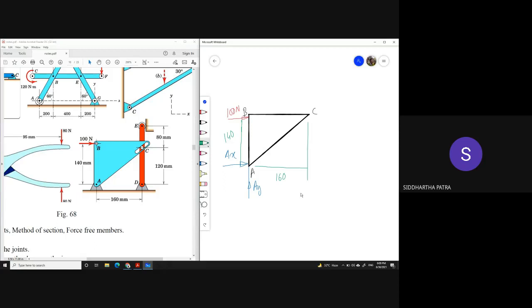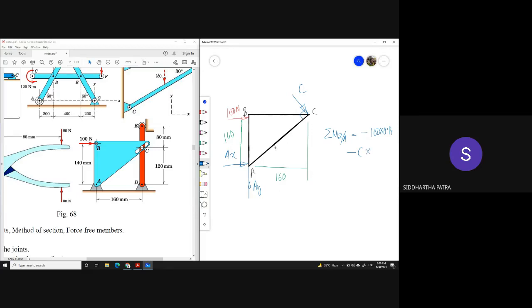Now, can you tell me in which direction does the reaction force of C act? Sir, perpendicular to AC. Perpendicular to AC, right? So this is your force at C. So if I write sigma Mz about A for this first body, of course there is this clockwise moment 100 times 0.14, then another clockwise moment, but this time C times what?